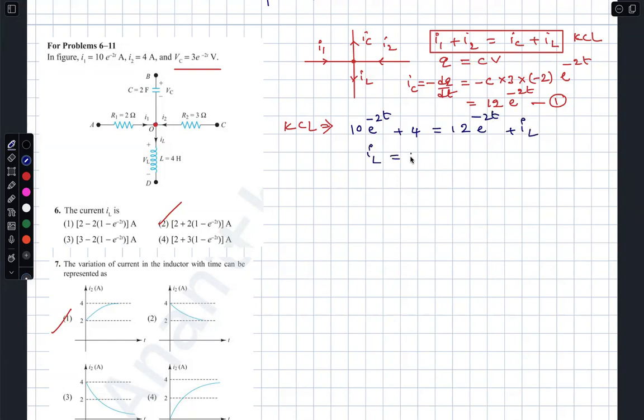So clearly IL is 4 minus 2 times e power minus 2t, which you can write as 2 minus e power minus 2t. Yes. Any doubts? Please ask me.